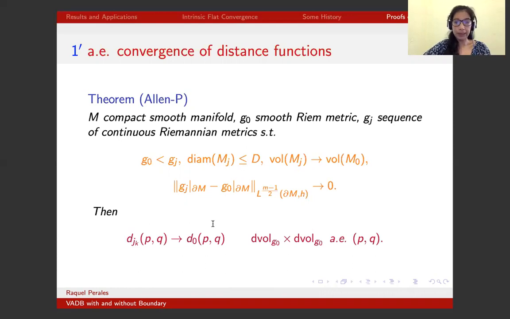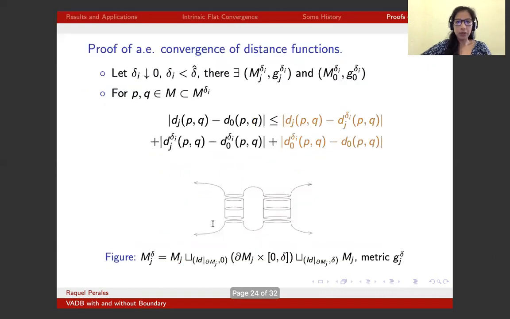Let me give you an idea of how this theorem is proven. We start with our manifolds Mj, and we are going to construct a doubling of our manifolds. This Mj delta means that we are doubling our manifold. Let's look at this picture. I have two manifolds that are the same, one at the bottom and the other at the top, joined by a cylinder.